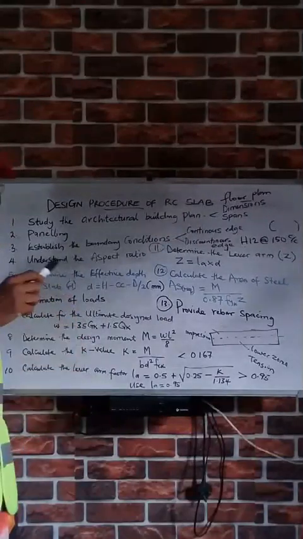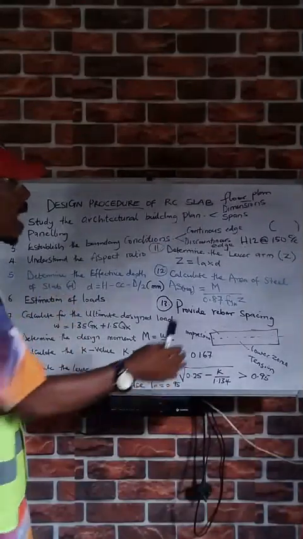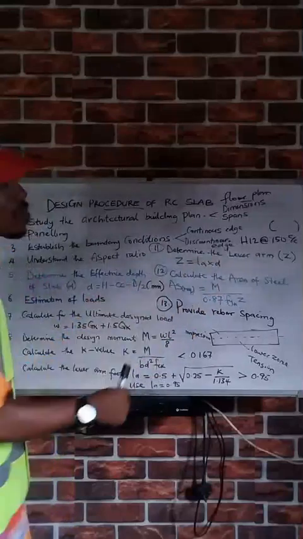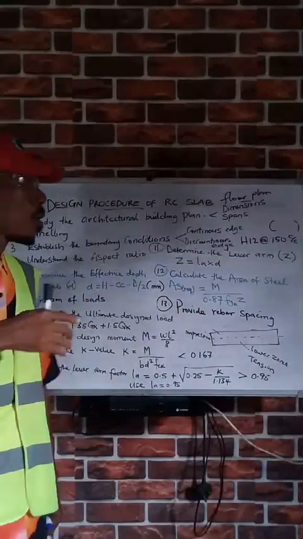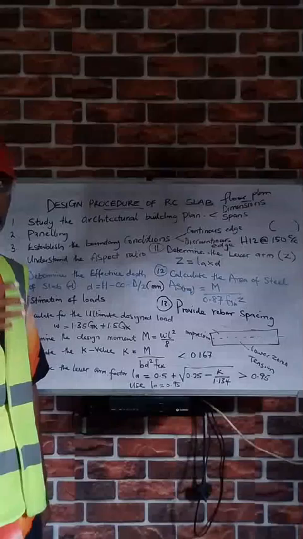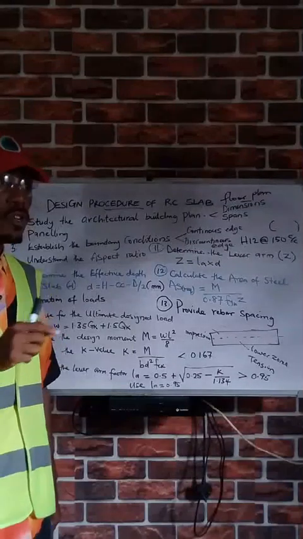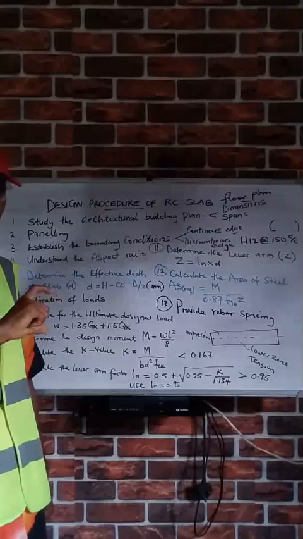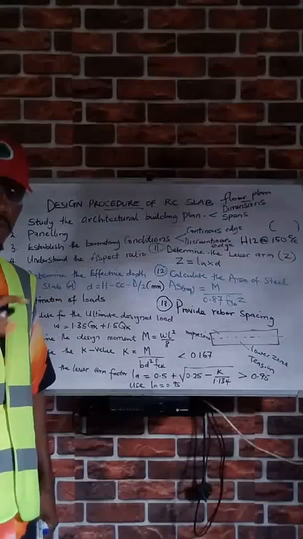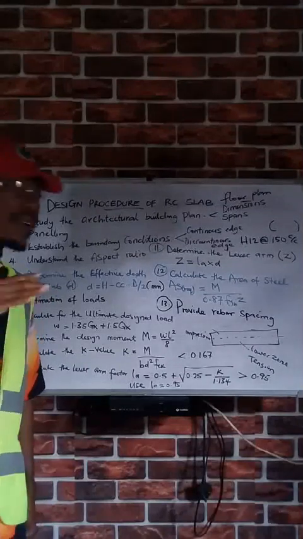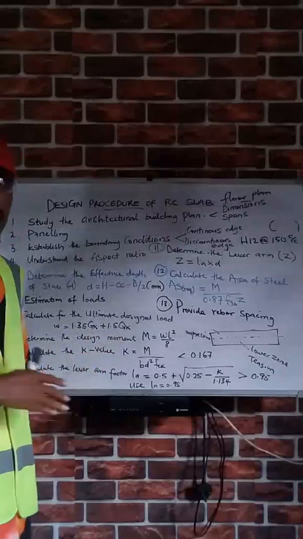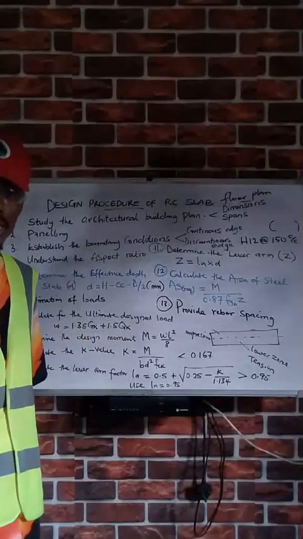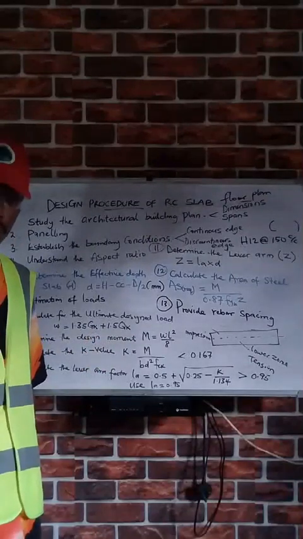So at the end of the day, you are going to extract all of these details and go further, which is what we refer to as detailing. So you see the relationship between our analysis, design, and detailing. These are the sequence of our design. It is after we have done this design that we proceed to detailing. Detailing is an integral part of the process.